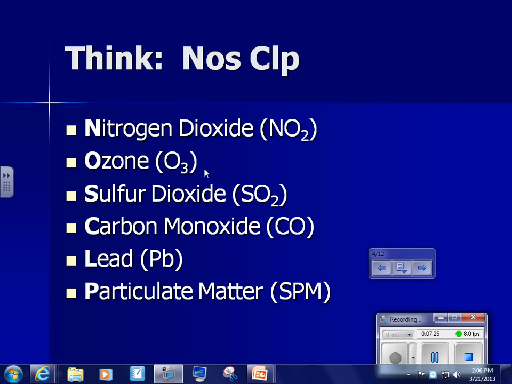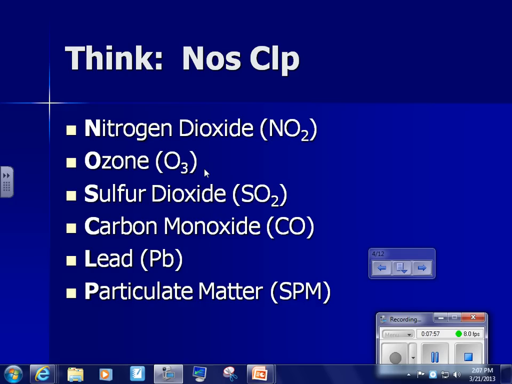It is created when nitrogen dioxide reacts with VOCs and sunlight, and in our troposphere, ozone is a very bad thing, as we know, again affecting the human respiratory system, increasing rates of asthma, bronchitis, heart disease, and it also suppresses our immune system as well. There are many environmental effects aside from reduced visibility. It also destroys vegetation as well.